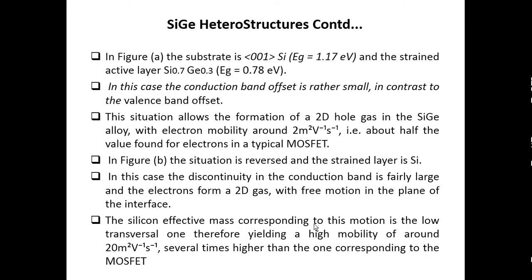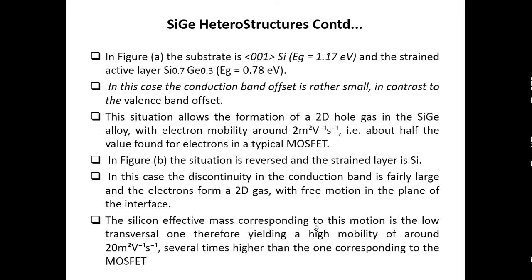This structure will produce a 2D electron gas at the interface, and this 2D electron gas attains a very high speed due to the discontinuity in the conduction band. This discontinuity is fairly large, so 2D gas formation is possible, and this 2D electron gas formed can have a free motion.